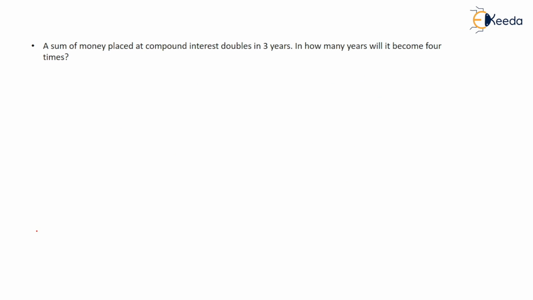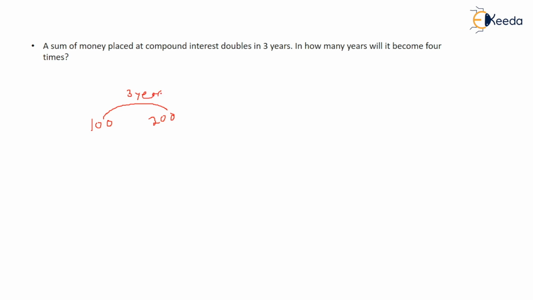This is the next question in front of you. A sum of money placed at compound interest doubles itself in 3 years. Now in how many years will it become 4 times? Suppose there is 100 rupees. Doubling itself means it becomes 200 in 3 years.